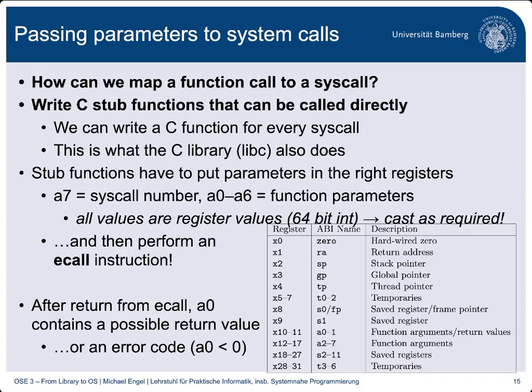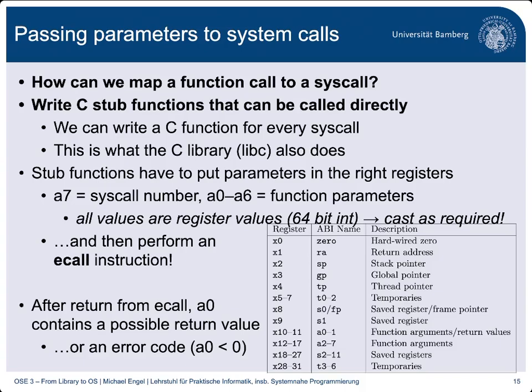So if you put the name of a system call like fork inside of your C program, then your compiler does not generate code to execute an eCall with fork directly because the compiler doesn't know how system calls work. The compiler could also be used to generate code for a different operating system, which has different system calling conventions.